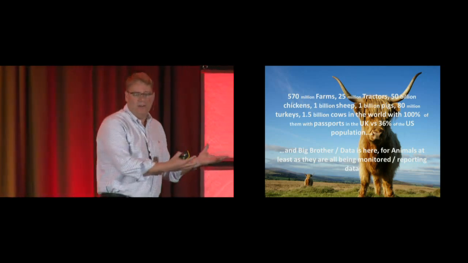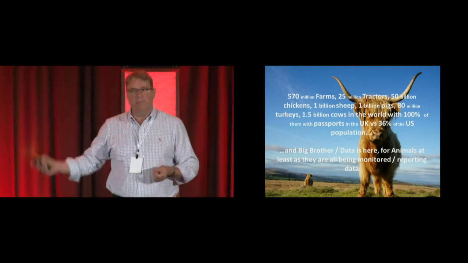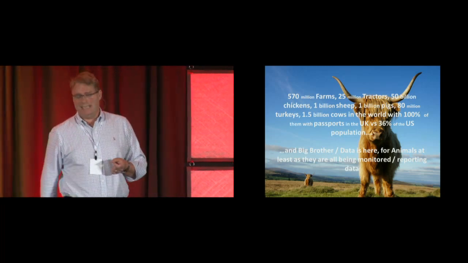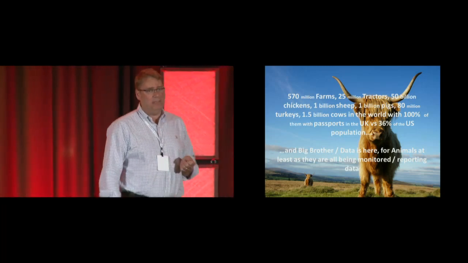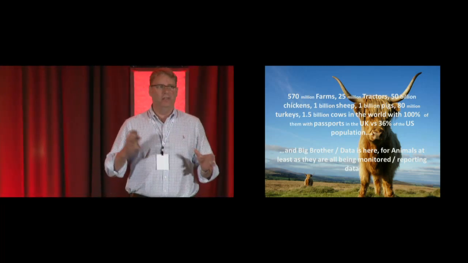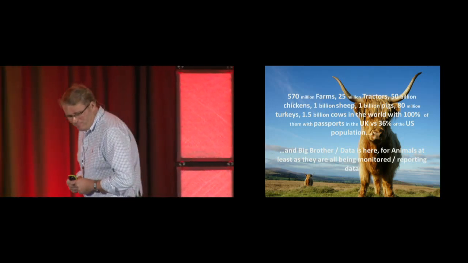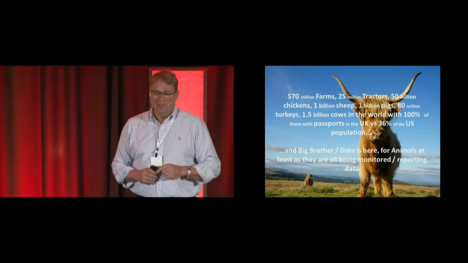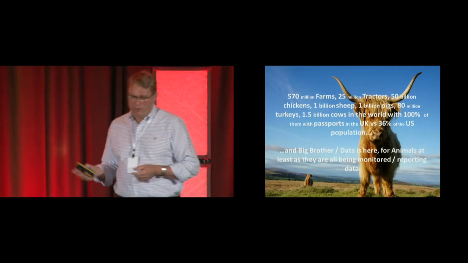But look at the numbers: there are 570 million farms and 25 million tractors. So I think we've got more tractors than you've got planes. 50 billion chickens. You don't measure them individually because they don't last very long. It's a very transitory life, a chicken. 1 billion sheep, mostly in Wales.